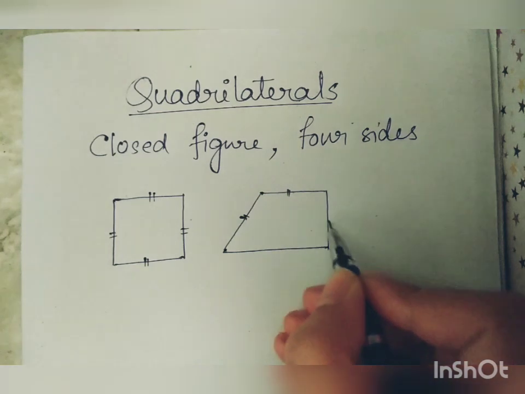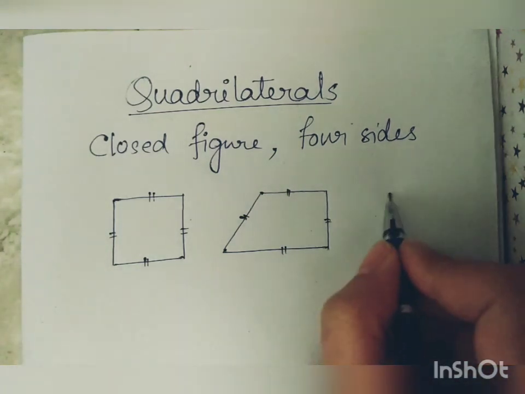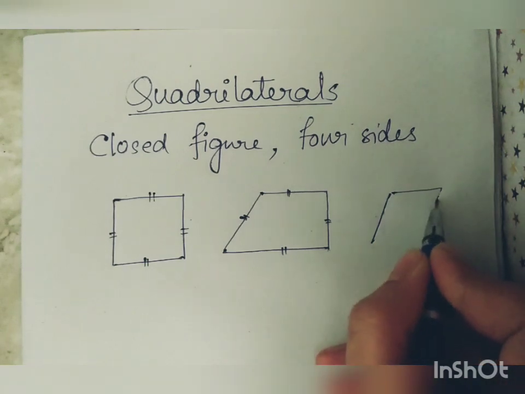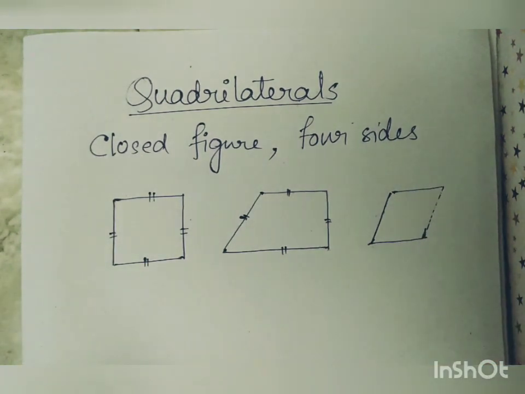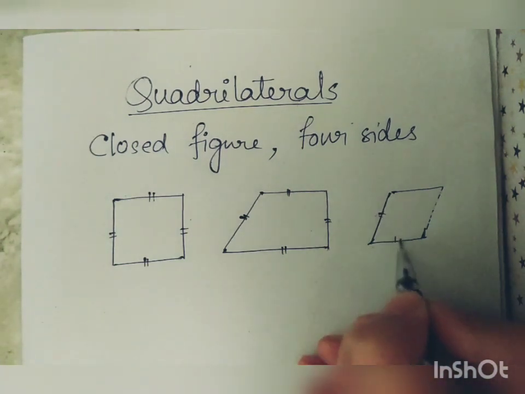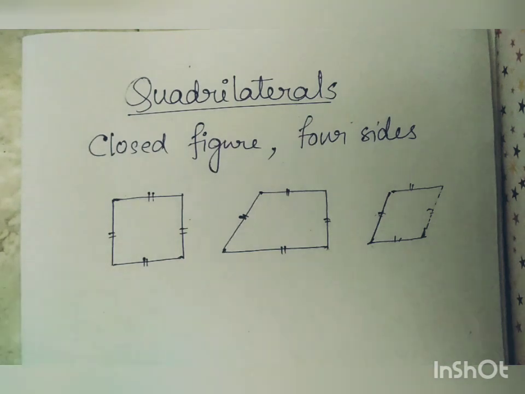This figure also has four sides. Now this one is also a closed figure having four sides. So all these types of polygons or quadrilaterals will have four sides.